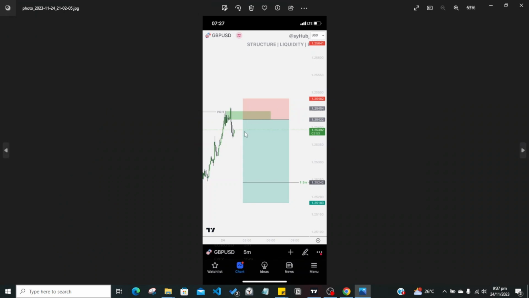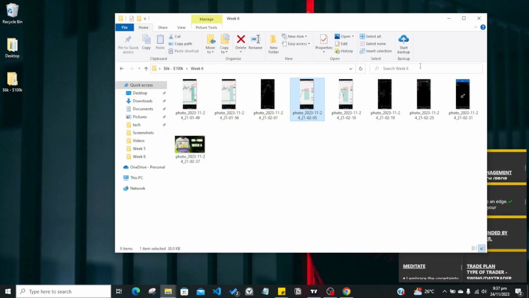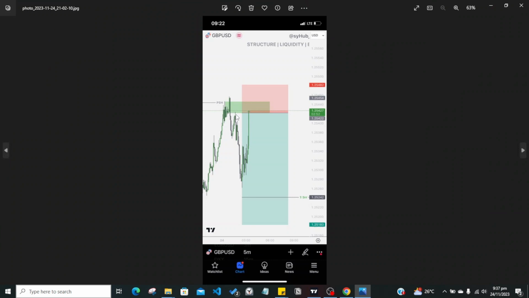And today I had this trade on GBP USD on the 5-minute chart. I waited for price to tap me in, then targeted my 1:3, but after price sniped me in by just a few pips, price missed my target, which was the 1:3, by, let's say, 5 pips.